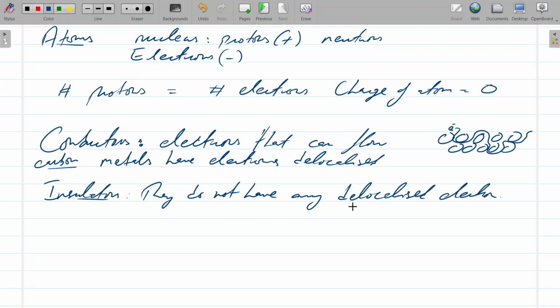And so when they don't have delocalized electrons, if you have an insulator, like the plastic or rubber wrapping around electric wires, that is to insulate the current that is passing through the copper, which is the actual wire. We've seen wires, right?